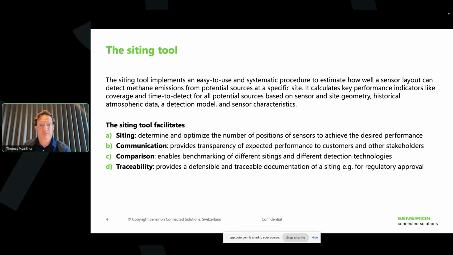It allows us to compare one technology to another and to compare from one site to another to make sure if we do have numerous sites, we're achieving generally the same level of performance from a configuration.